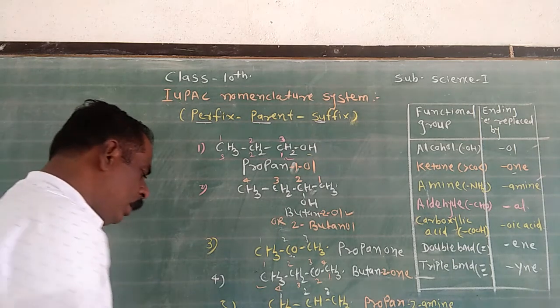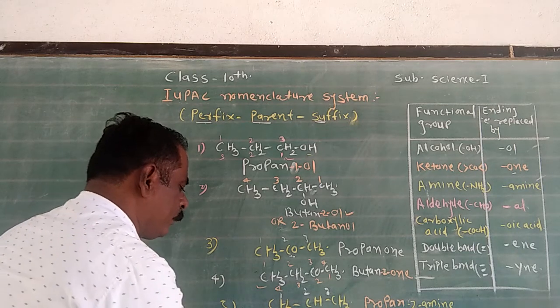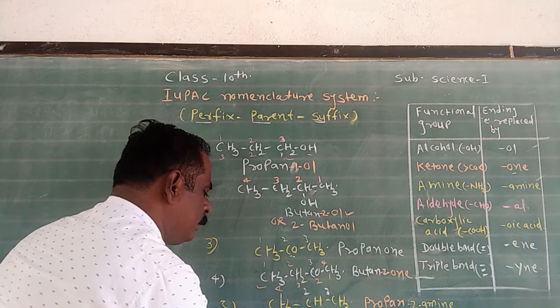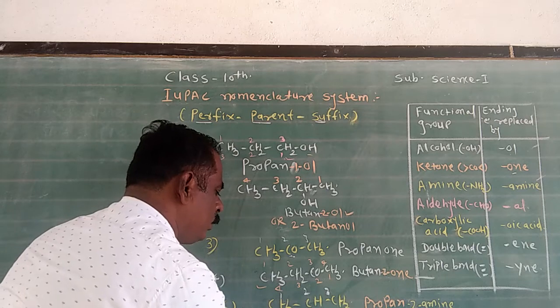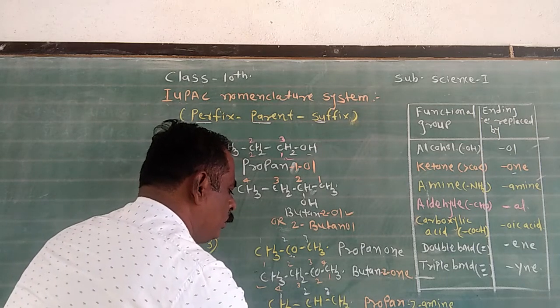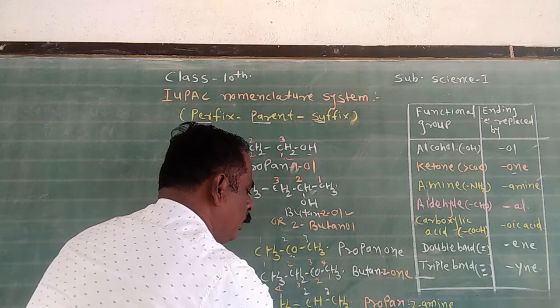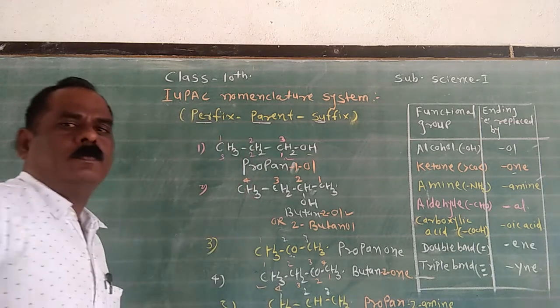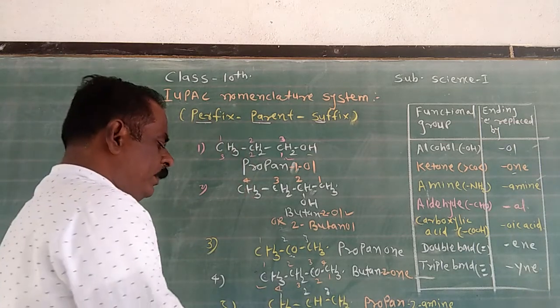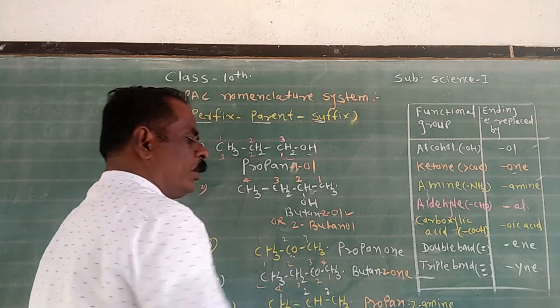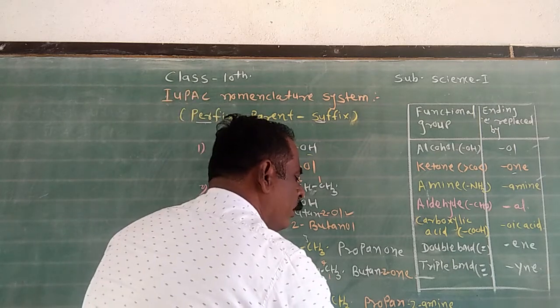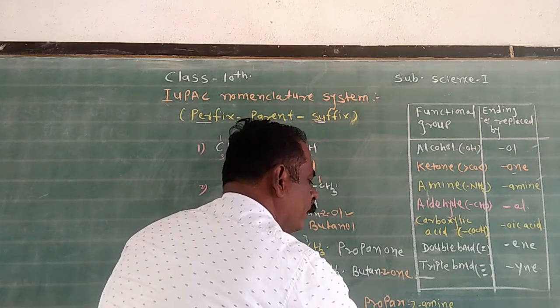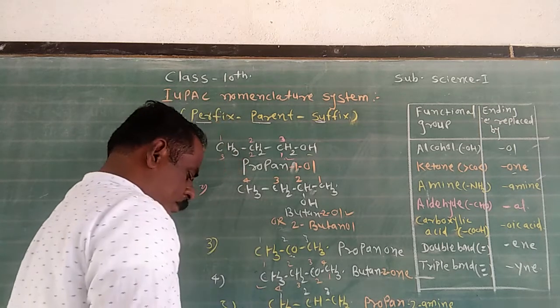Here's the next example: CH3, CH2, CH2, CH2, NH2. Here, how many carbons are present? 1, 2, 3, 4. Name of the compound is butane. Which is the functional group?